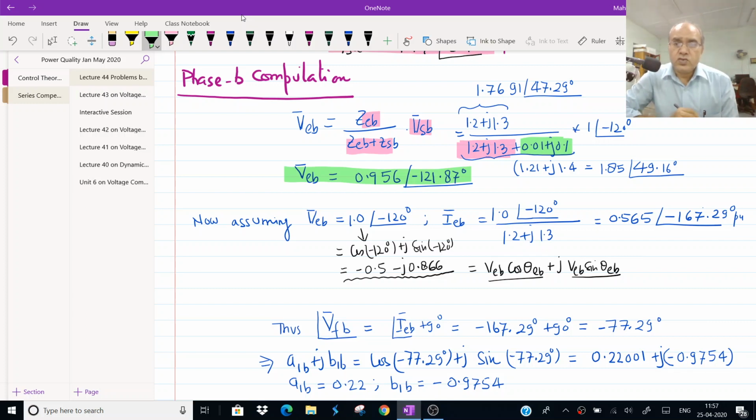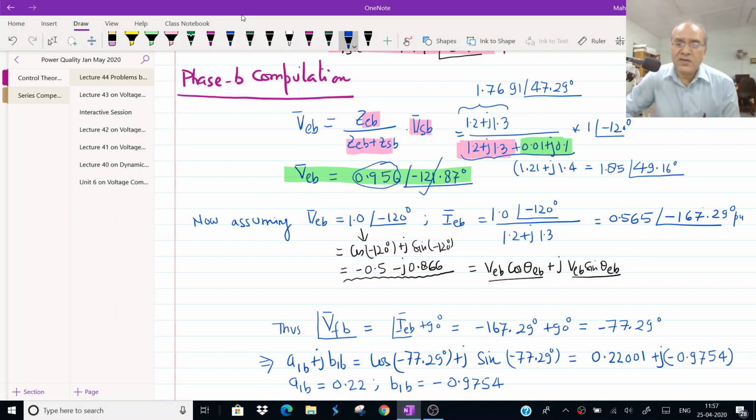This shows that the angle of the load bus phase B voltage has changed from minus 120 degrees to minus 121.87, and the magnitude has reduced from 1.0 to 0.95.